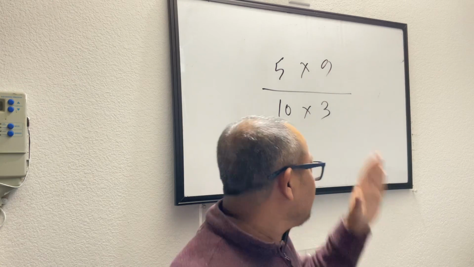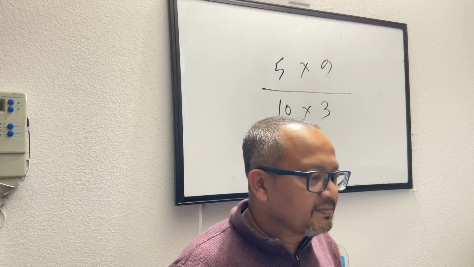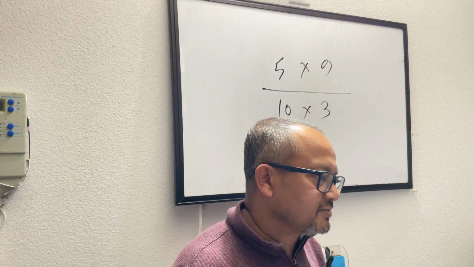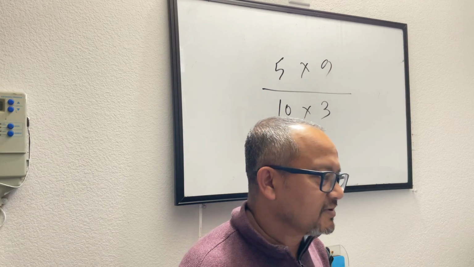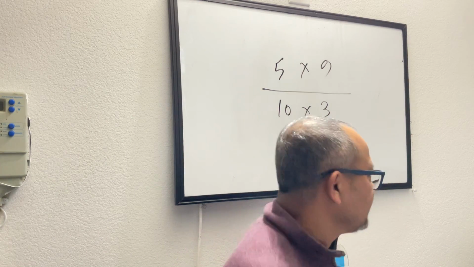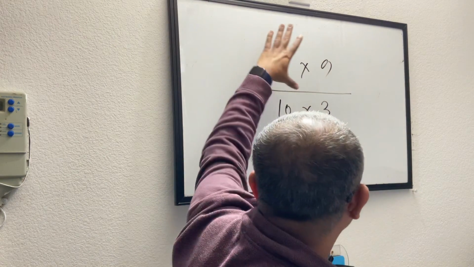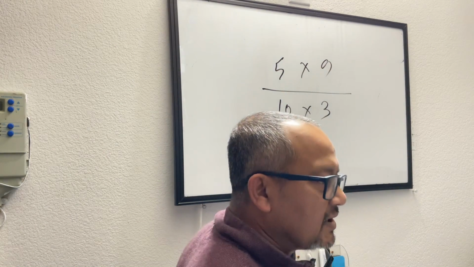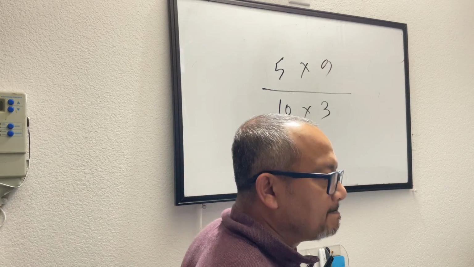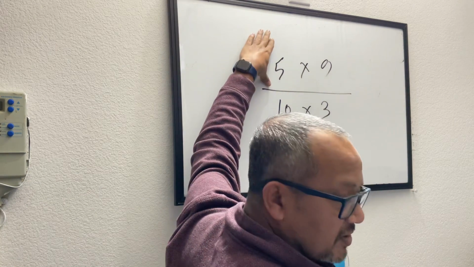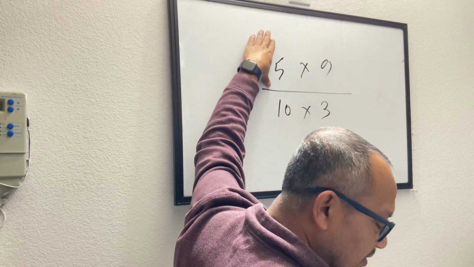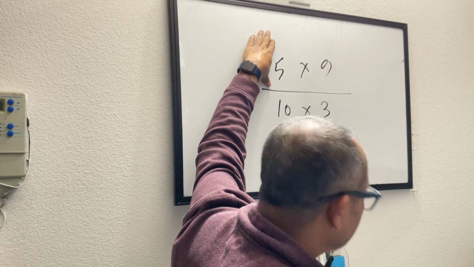If you have to solve this, how will you do it in the simplest way that you know? What will you do? Don't think about solving. Just tell me what you will do if you have something like this. Multiply those both?